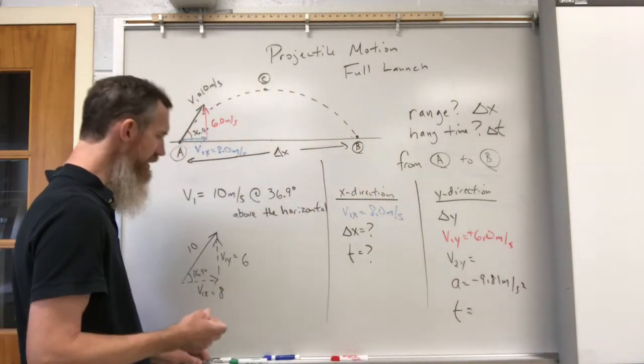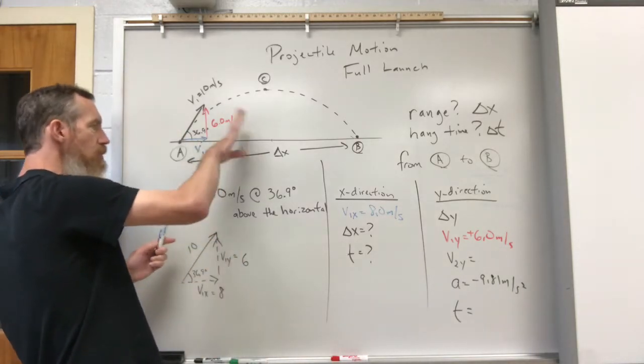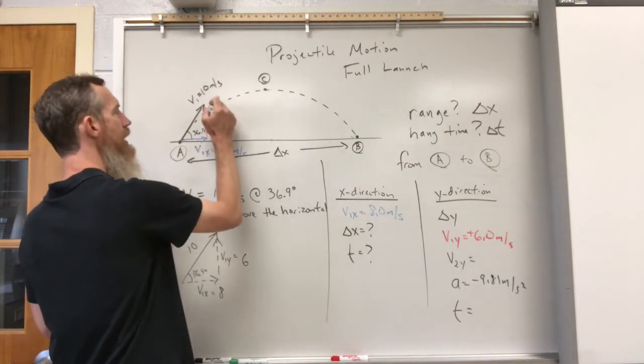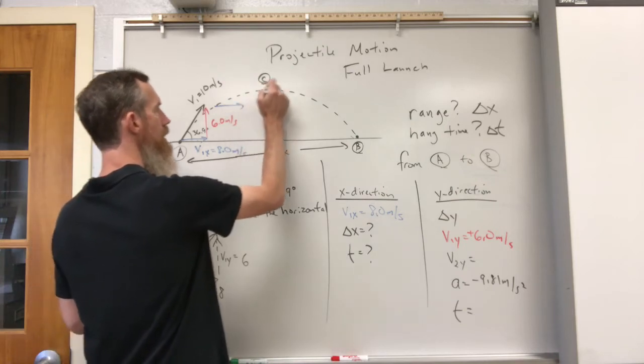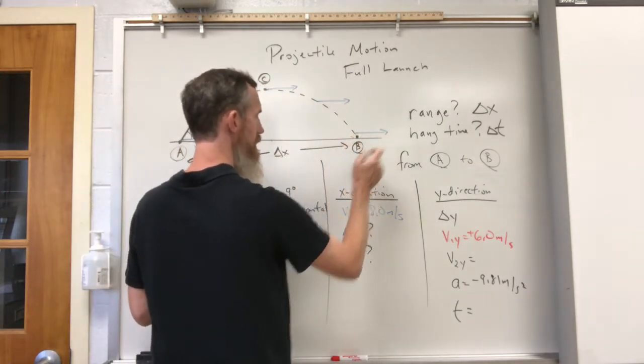Now, what we have to understand is, as this particular projectile moves through the air, the x speed, no matter where I'm at, is always going to remain consistent. We saw that with the cart.